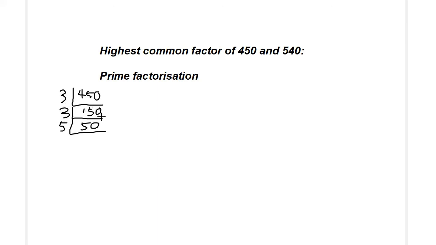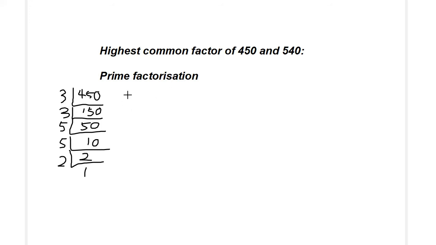So 3: 150 divided by 3 is 50. 50 divided by 5 is 10. We can put another 5 here. Then we are left with 2, and 2 divided becomes 1. This is the process for prime factorization.